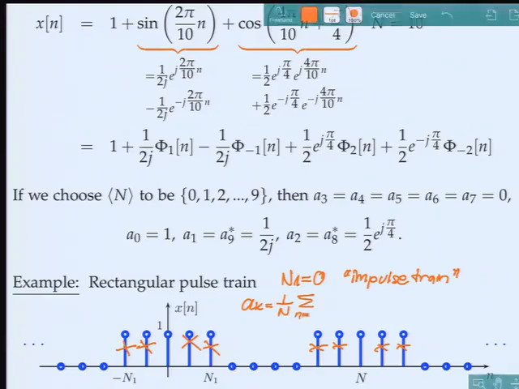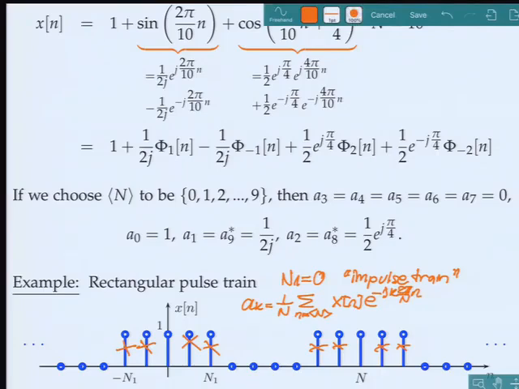It's up to you how you select that, where you start and where you stop, times x of n times phi negative k of n, which is the same as e to the negative j k 2 pi over N times little n.